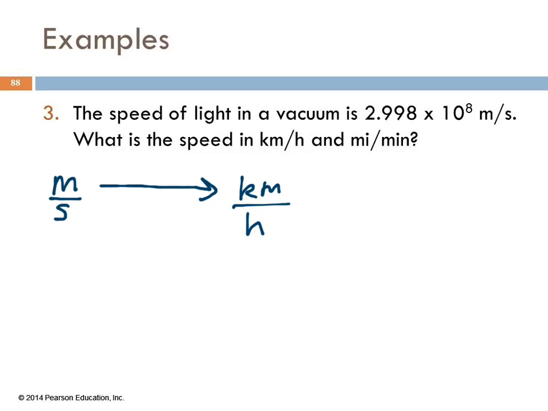When you have metric units where one has a prefix and the other does not, meters to kilometers, liters to milliliters, anything like that, you can always do those in one step. If both of them have prefixes, you may have to do 2 steps. In fact, usually do. The centimeters to millimeters was kind of an exception. But we can do meters to kilometers. Do you know how many seconds are in an hour?